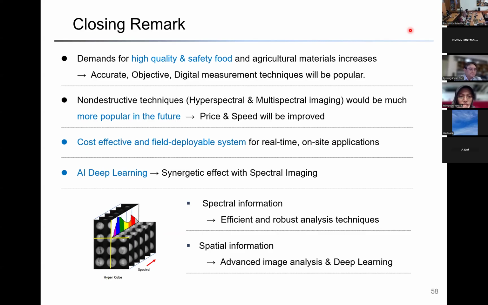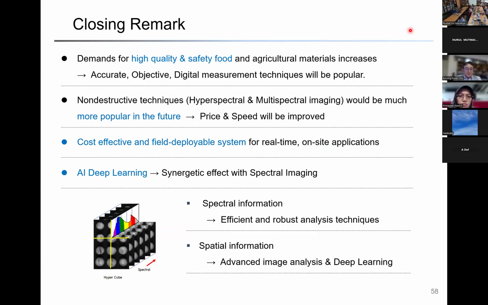Not like in Korea, where there are four seasons, like winter and summer, with very different humidity and temperature. So when we have those environmental conditions, how do we do the measurement with this device?